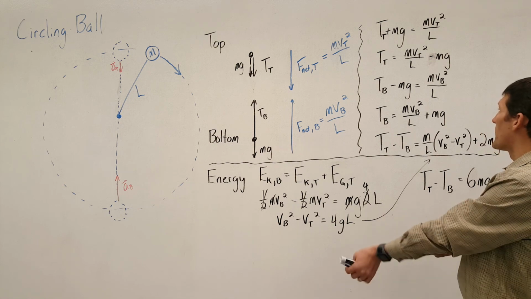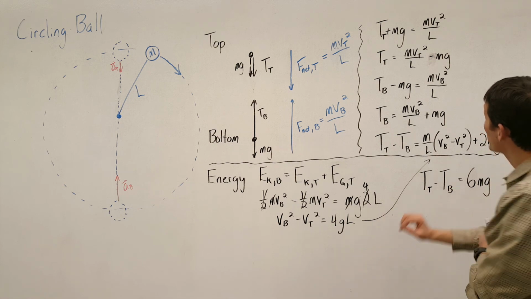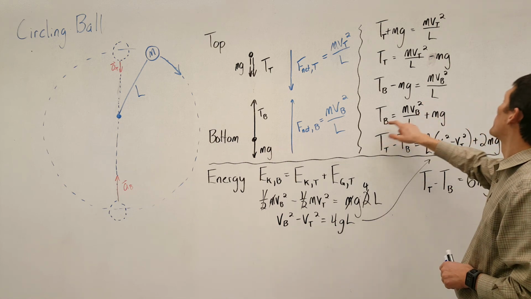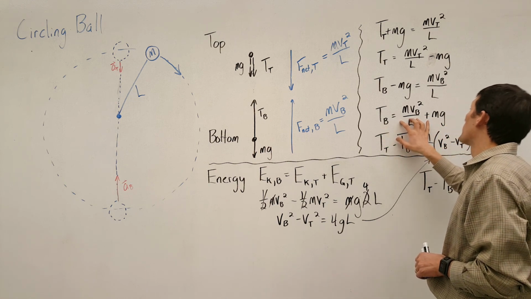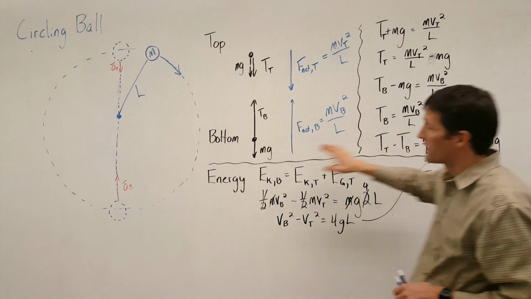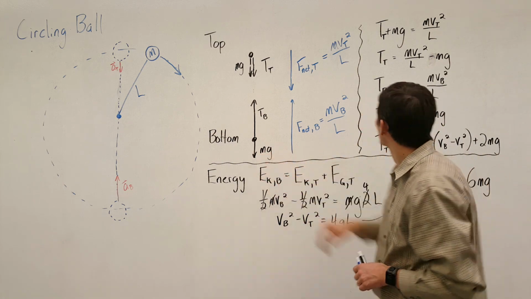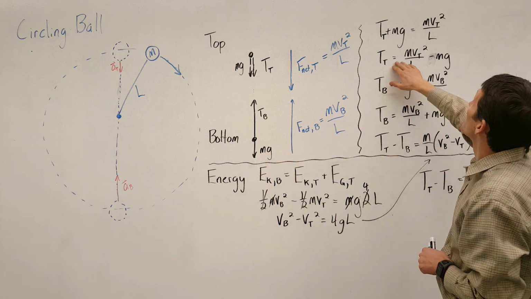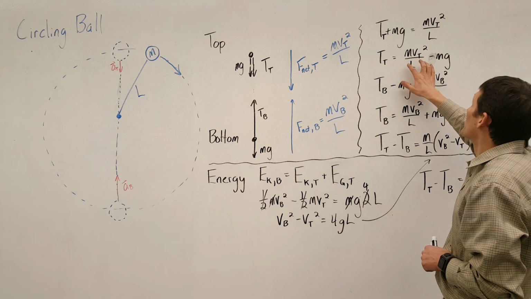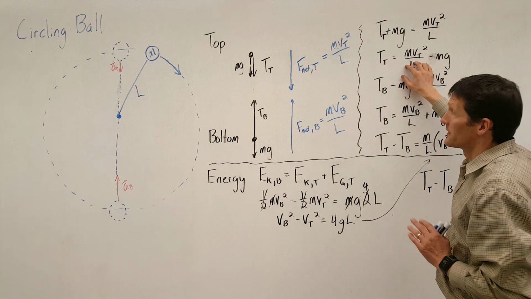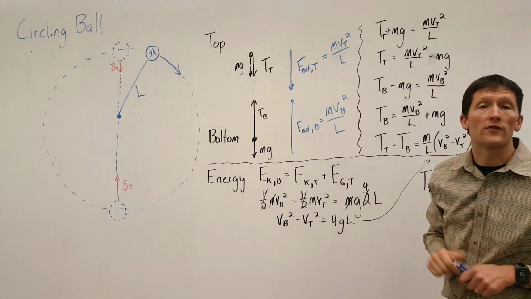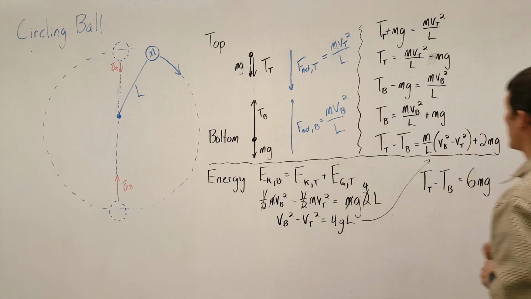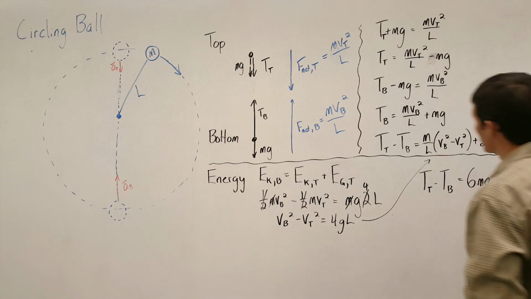And I noticed that some things are not surprising: at the bottom, the tension has to be big enough to provide the centripetal force plus some extra to balance out the gravitational force. Whereas at the top, the tension force is less than the net force, because the gravitational force also provides some of that downward force when it's at the top of the motion.